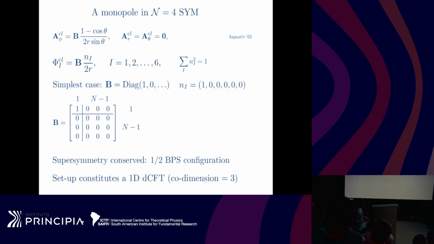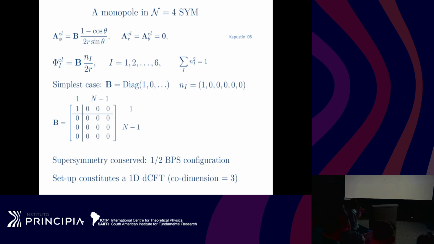Now we want to insert this monopole in N=4 super Yang-Mills theory. So now, of course, our gauge field and our B field are N cross N matrices because we have non-abelian gauge theory. So B becomes a matrix.